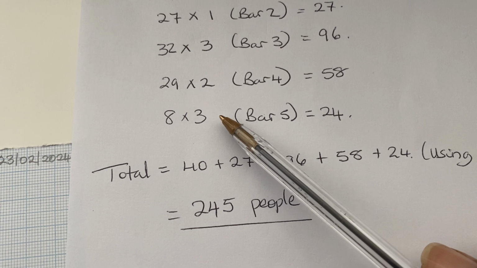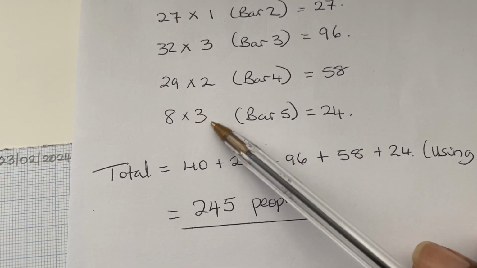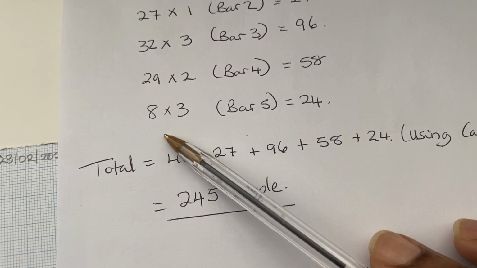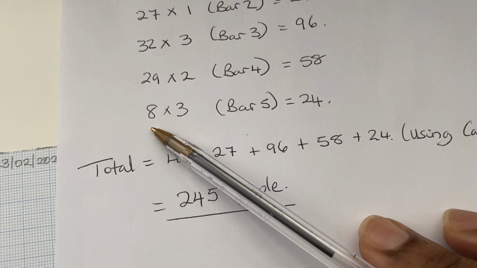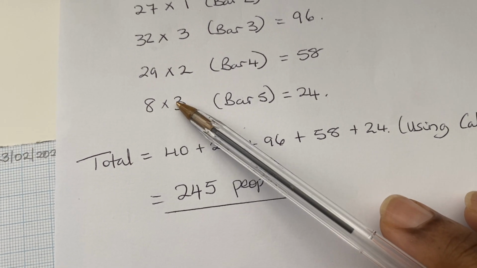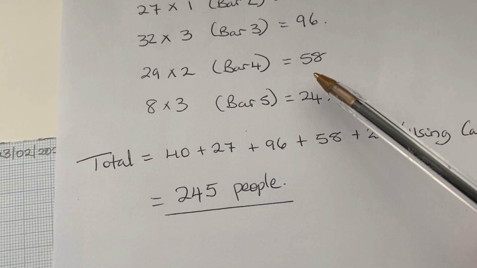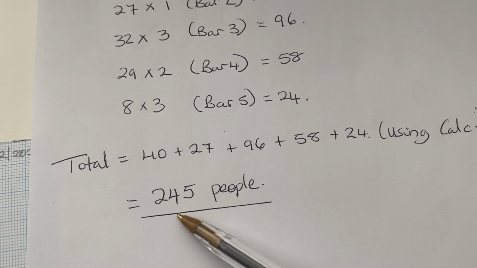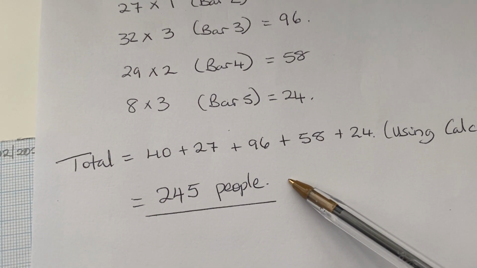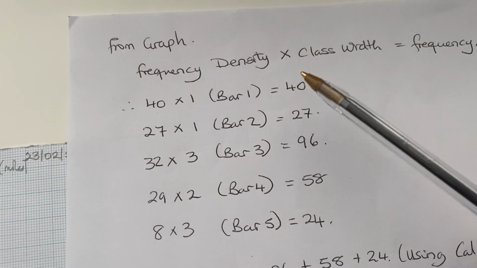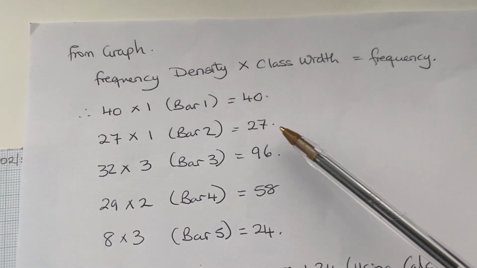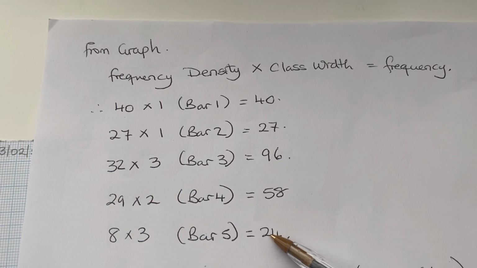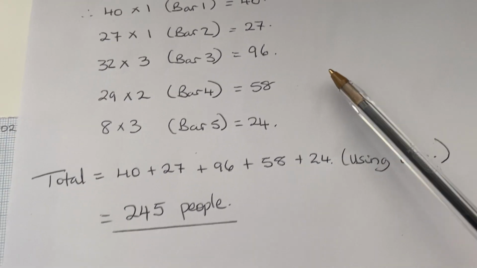The fifth bar, you have a class width of 3, and the height, the frequency density, is 8, which will give you 24. So you add all of them up, and you have 245 people.